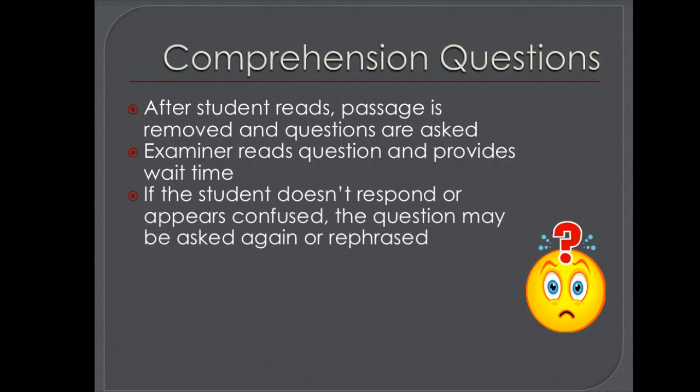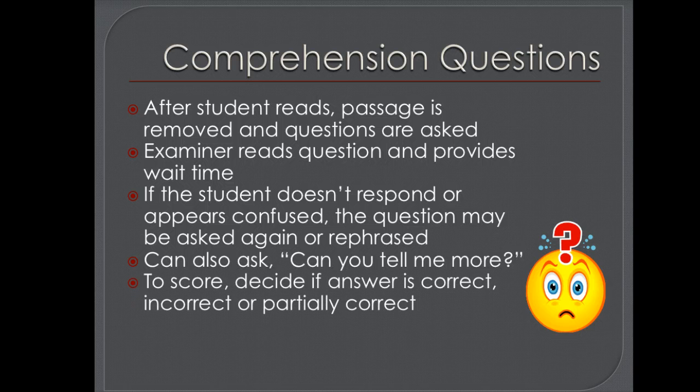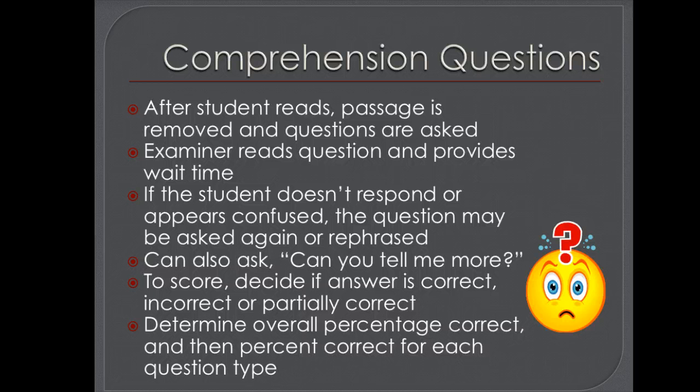If the student doesn't respond or appears confused, the question may be asked again or rephrased. You can also ask, can you tell me more? To score, decide if the answer is correct, incorrect, or partially correct. And then you're going to determine the overall percentage correct and then the percentage correct for each type of question.